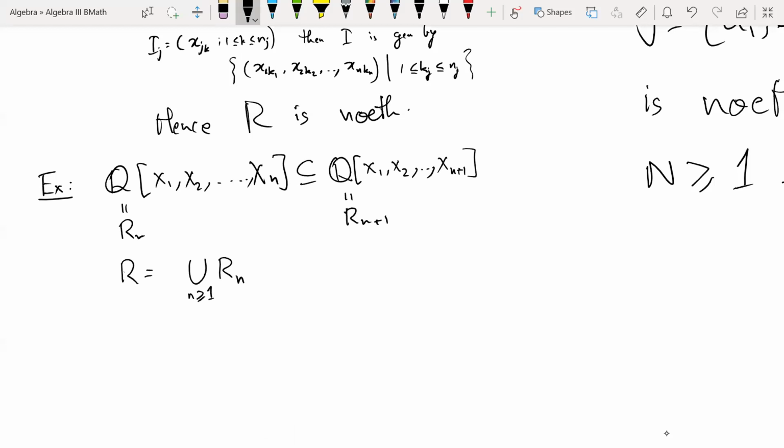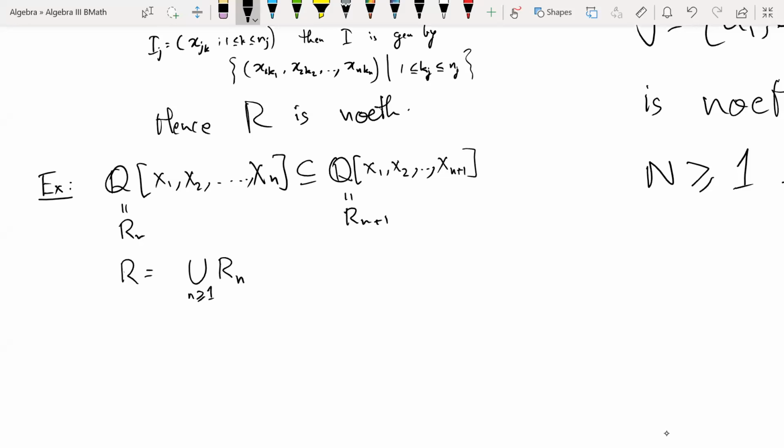Then this will be a ring, because if you want to verify all the ring axioms, you take any two elements, they are going to be in some Rn, and hence the sum and multiplication, the distributive law, all make sense. Any finitely many polynomials will involve only finitely many variables.